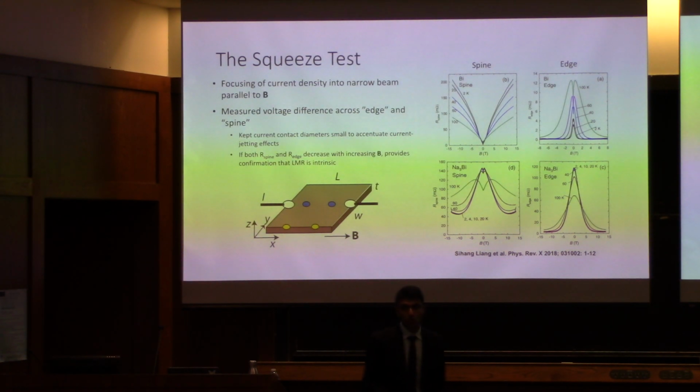However, we still see the effects due to the chiral anomaly present at high magnitude of our magnetic field, as evidenced by the slight upturn in the resistance at high field. However, any effects due to the chiral anomaly are rather superseded by the strengths by the chiral anomaly. Sorry, I meant to say the current jetting effects before.